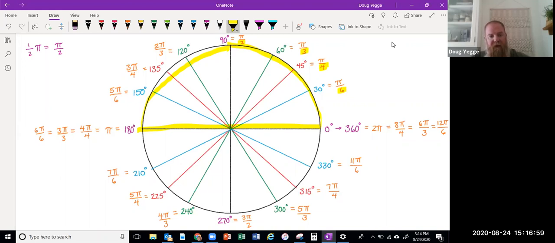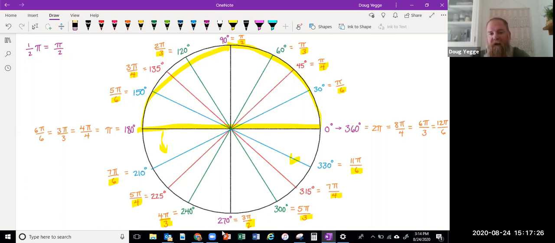Likewise back here in the second quadrant, 6 to 4 to 3 to 2. And now if we start moving in this direction, we see 6 to 4 to 3 to 2. And finally, coming down in this direction, 6, 4, 3, 2. So it looks like the denominators decrease in size as you move away from the x-axis.